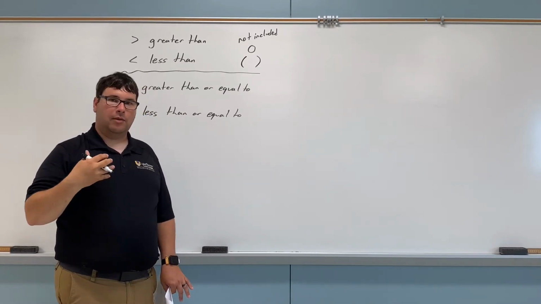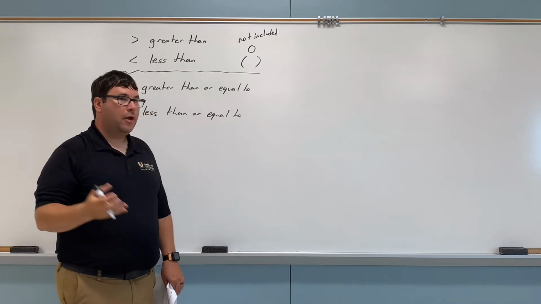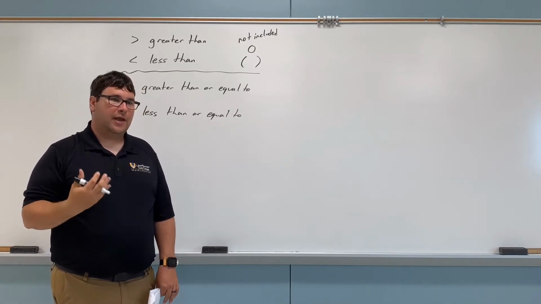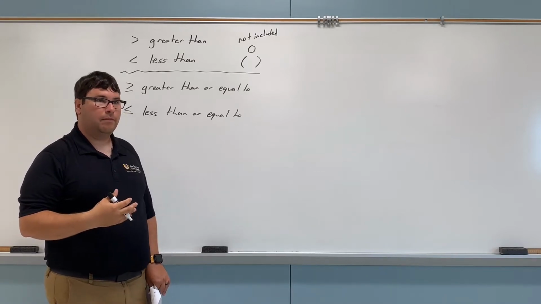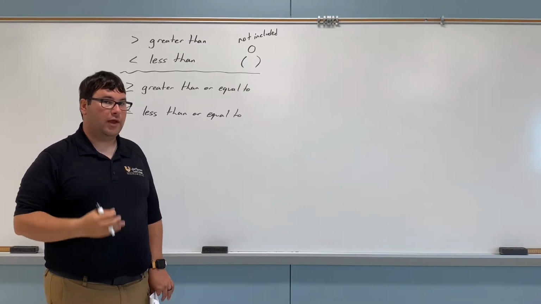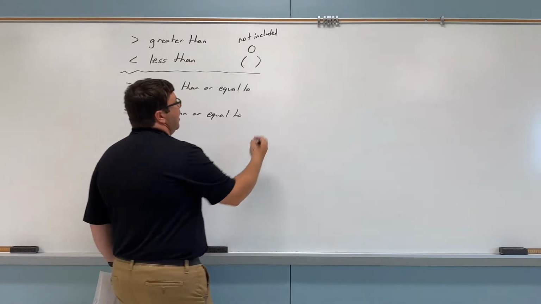So whenever we're talking about our notation for values, or if we're graphing, we can use parentheses to indicate that these values are not included in the comparison, meaning they can't be equal to. They can get very, very close to, but they cannot equal those values.